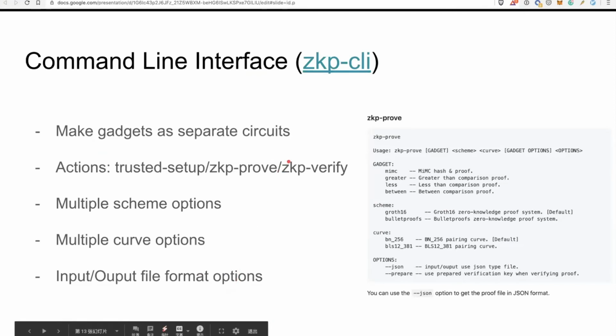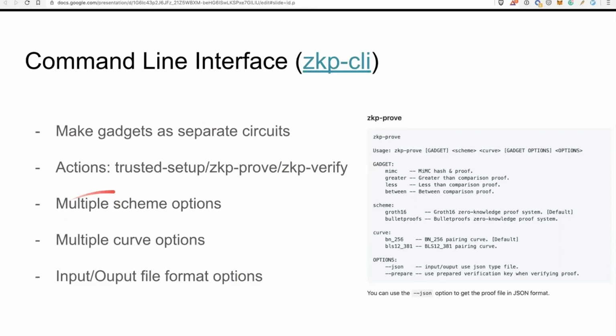We also provide a command line interface for the ZKP toolkit. Actually, we made several gadgets into separate circuits just for a simple demo. So anyone who wants to play with this tool can just use the CLI to try it easily. The ZKP CLI supports these actions, including trusted setup, ZKP proof, and ZKP verify.